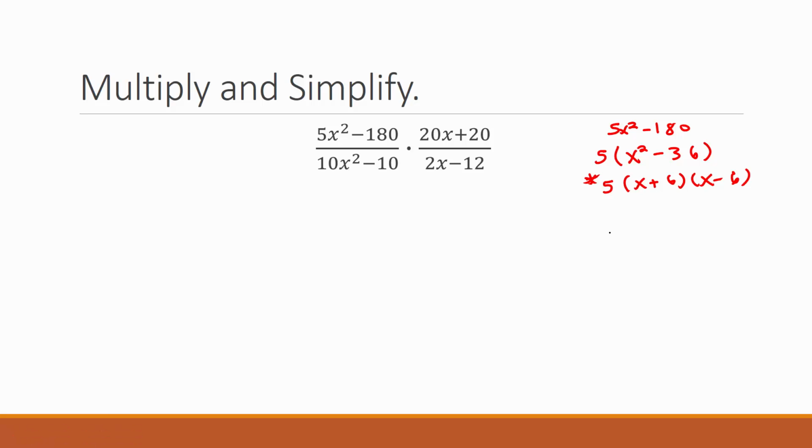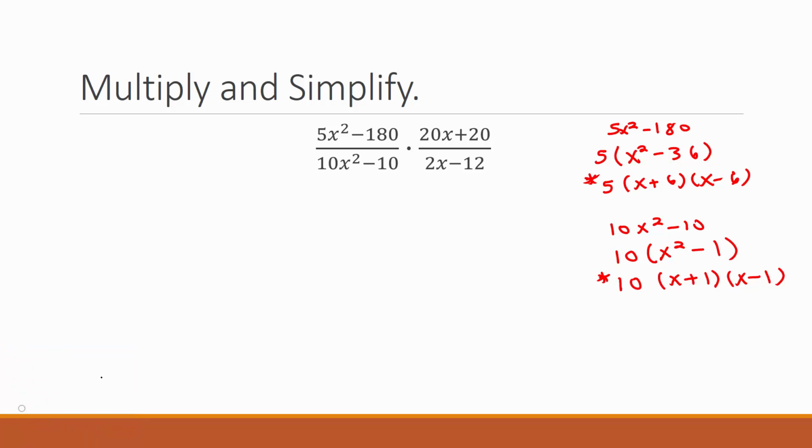Okay, what about the 10x squared minus 10? So again, we have a common factor of 10. That gives us 10 times x squared minus 1. And I hope you see this again. We have the difference of two perfect squares, so we can factor that down to x plus 1 times x minus 1.